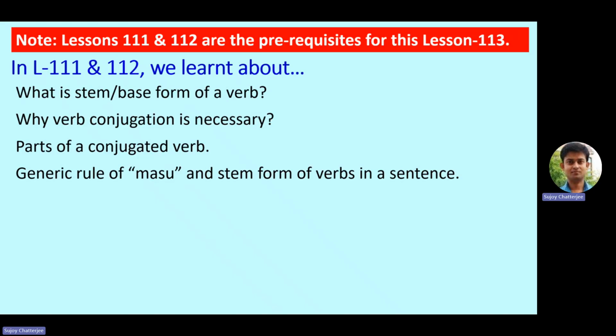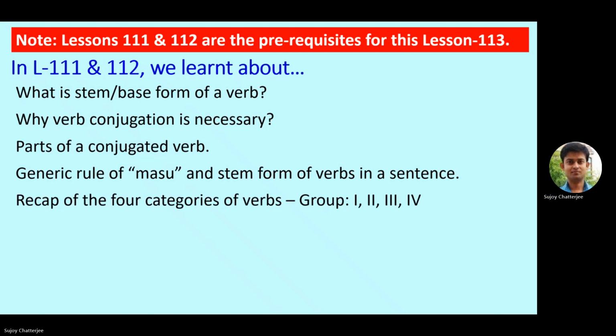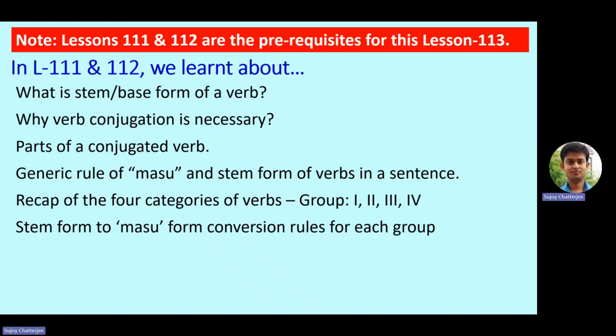If there are more than one verbs present, then the rest of the verbs need to be represented using their plain form. We then had a recap of the four categories of verbs, which are divided into group 1, 2, 3, and 4. If you have forgotten these, then please go back to that lesson and study these four groups. And then we studied the conversion from stem form to masu form for each of these four groups. There are certain rules that govern the conversion of the verbs.